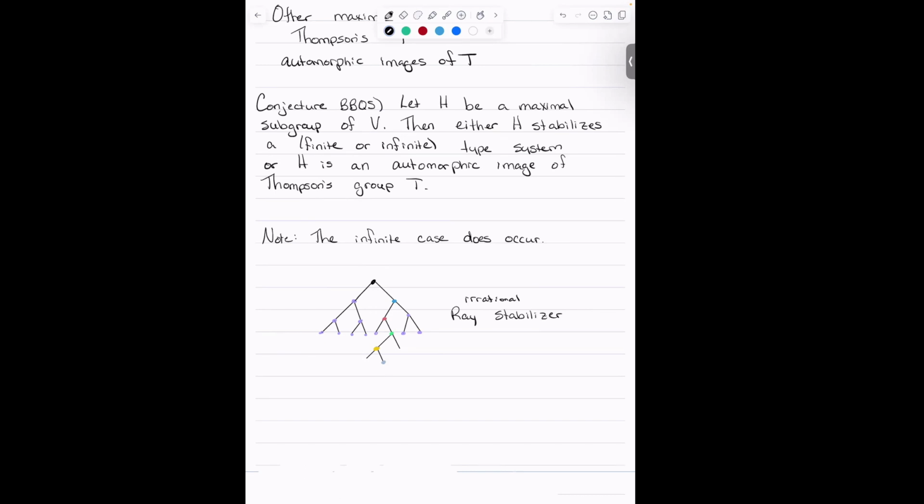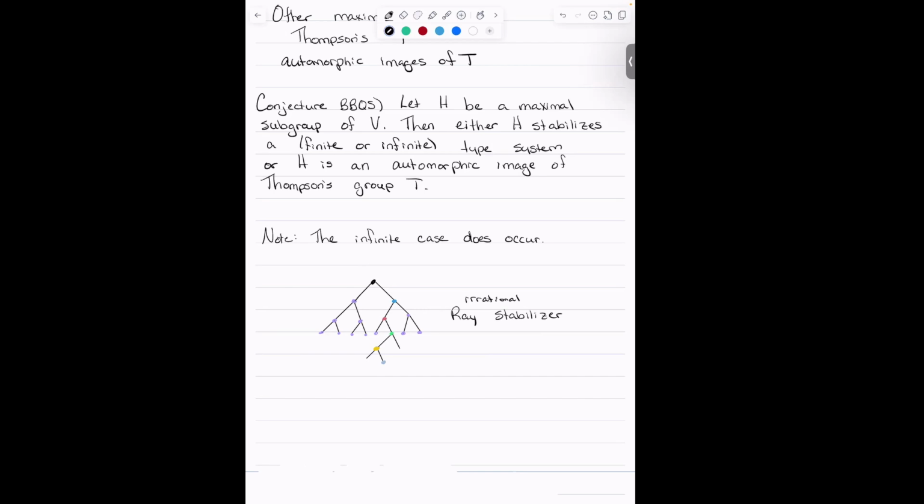Then what you get is this infinite type system where everything off of the ray is labeled by one color, but you have to keep labeling the ray with more and more colors because it doesn't repeat. And again, this is one of the very standard maximal subgroups that was known to exist before our tools.